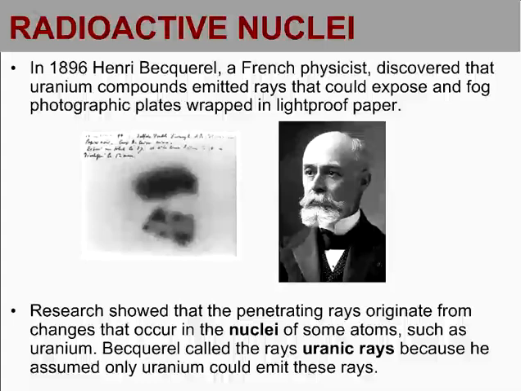Now, this was something that a French physicist named Henri Becquerel was studying. So in 1896, he discovered that uranium compounds emit rays. And the way he discovered this was he placed the uranium compounds on top of a photographic plate.